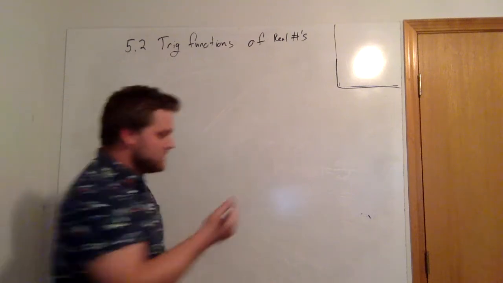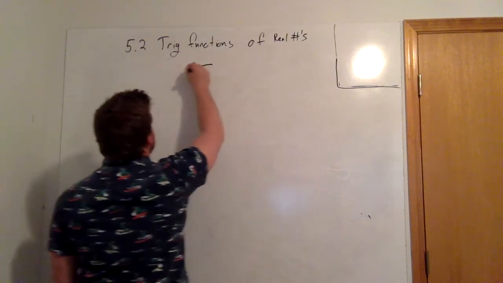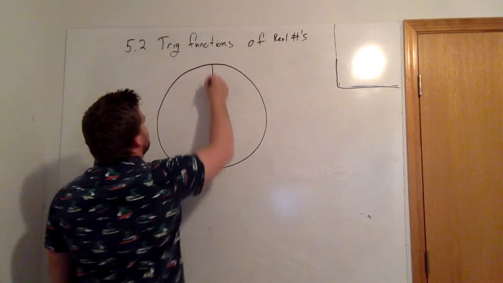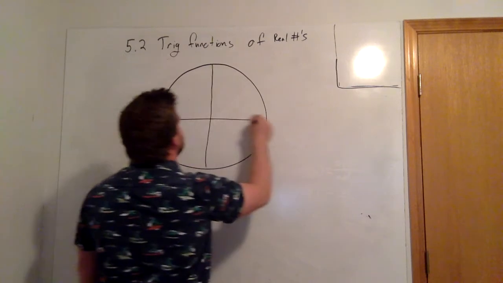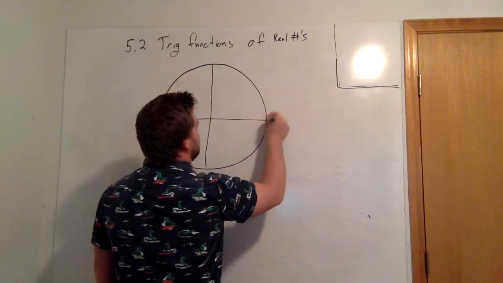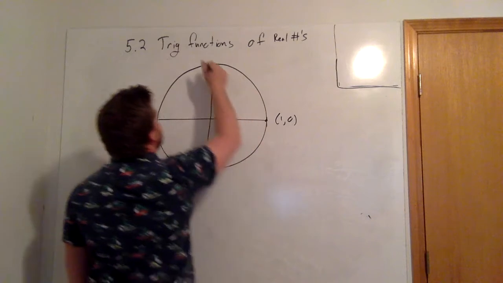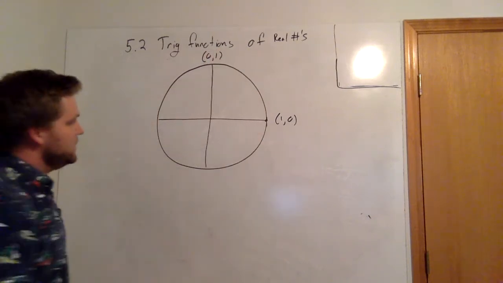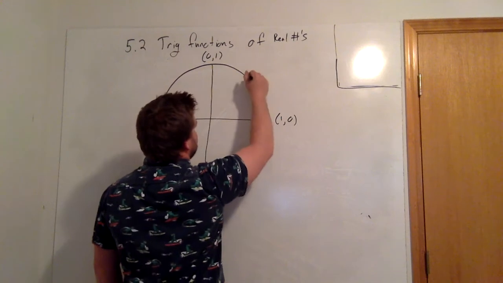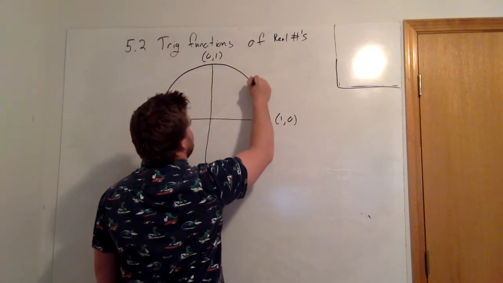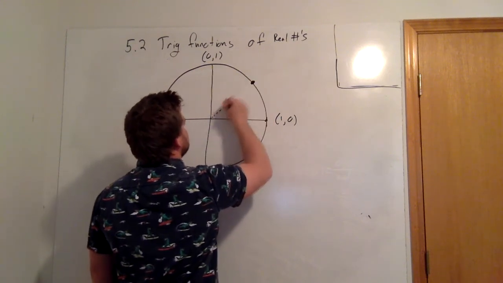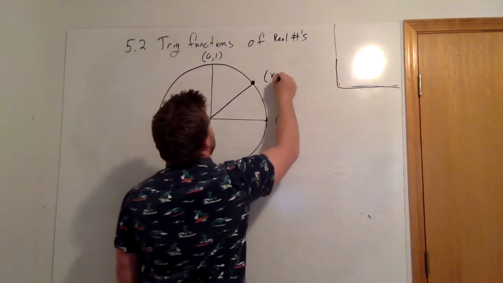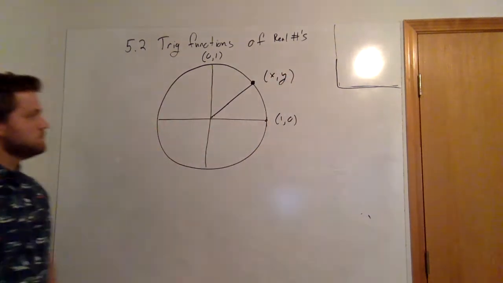So let's do that. Let's draw a picture of the unit circle. So here's the unit circle. This point right here would be 1 and 0. This would be 0 and 1. And let's think that we're at a random location, let's say right here, for example. So we have the x and y coordinates.